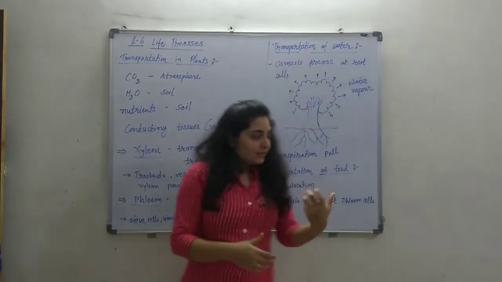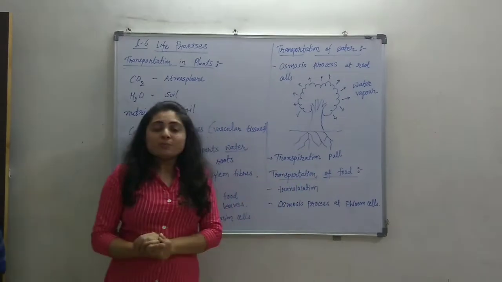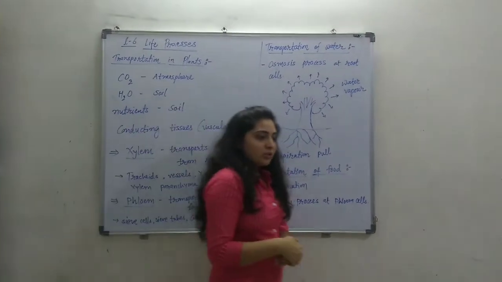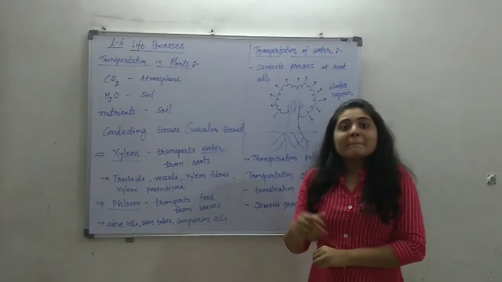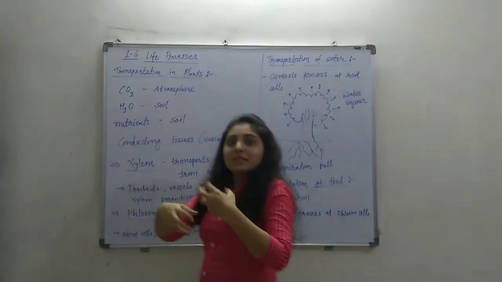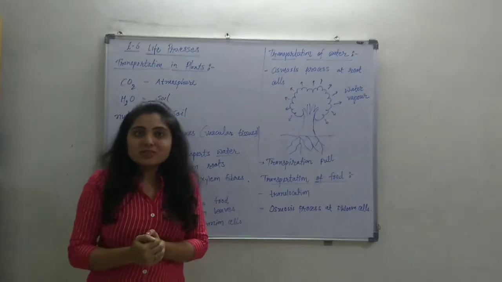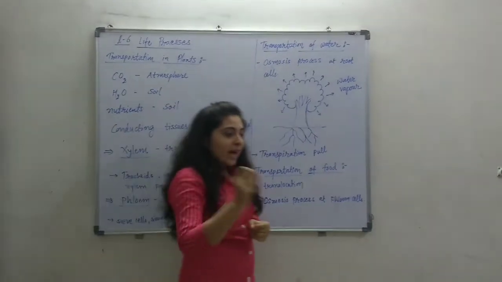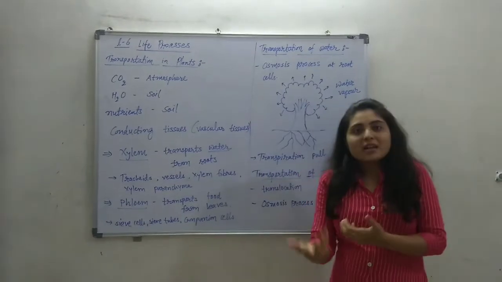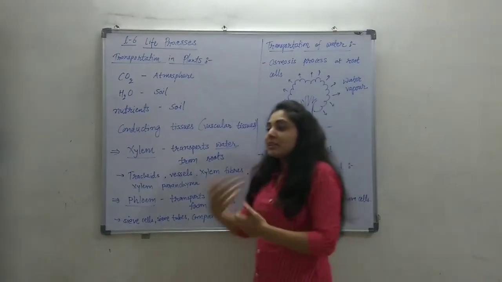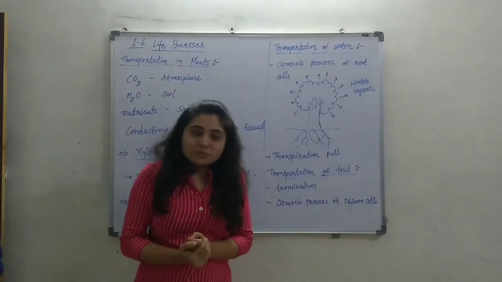Now, next, transportation of food. As the water is reaching the leaves, inside the leaf, the photosynthesis process is occurring. And after the photosynthesis process, carbohydrates and other materials are made.